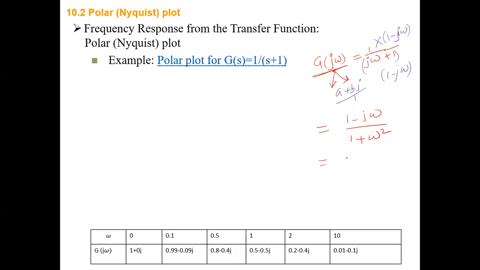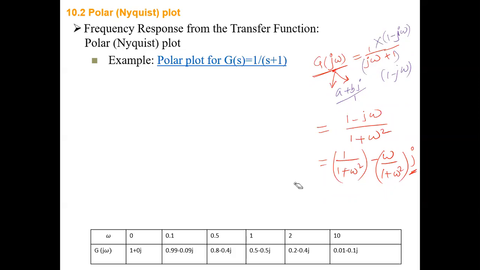So then what is the real part? Real part is 1 over 1 plus omega squared. Then what is the imaginary part? Omega over 1 plus omega squared. Now j is on the top. Look at that. This is A plus Bj now.